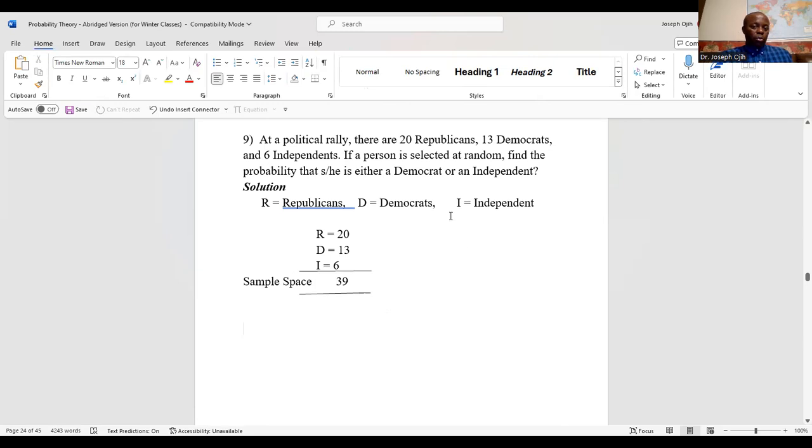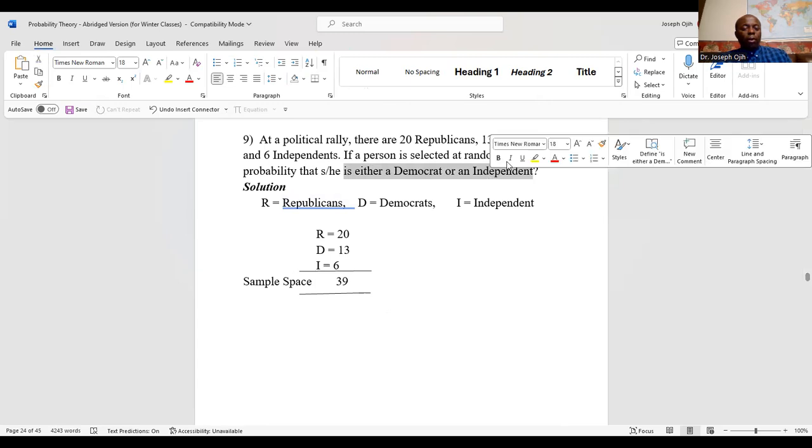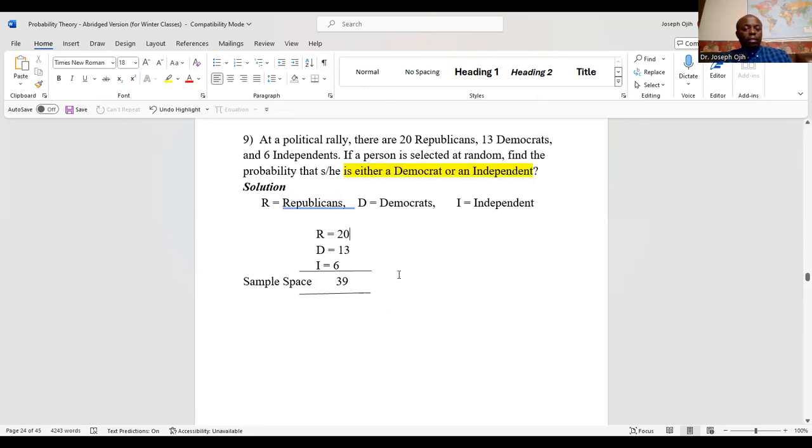The question was, if a person is selected at random, find the probability that he or she is either a Democrat or an independent. So we're looking for the probability of Democrats or independents.